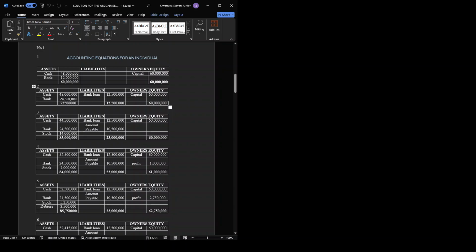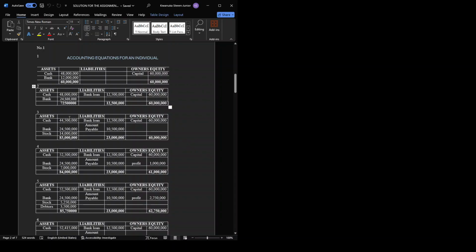So 3, they are telling us purchased stocks of 14 million, paying 25% cash and 75% on credit. So under 3 assets, we are adding stock to that. We realize that when you purchase, your cash reduces, and they're telling us paying 25% by cash. So you get 0.25, which is the 25%, times this one.